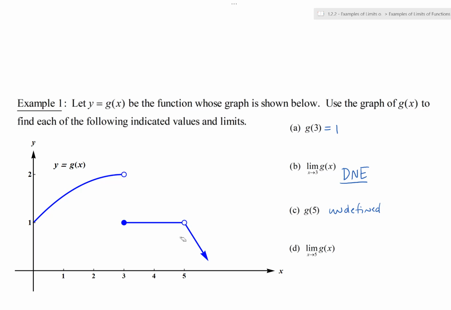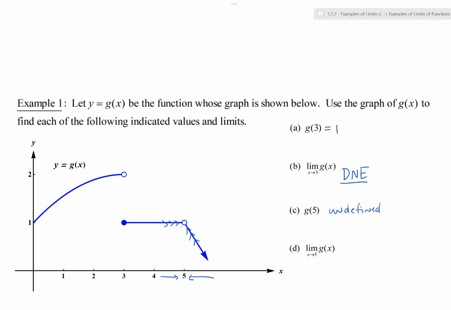Now, we're then asked in part D to find the limit of this function g of x as x approaches 5 and relate that to the value of the function g at 5 where it's not defined. So again, as I get close to 5 from both sides, what's my function doing? It's getting really close to the output of 1 on both sides of 5.